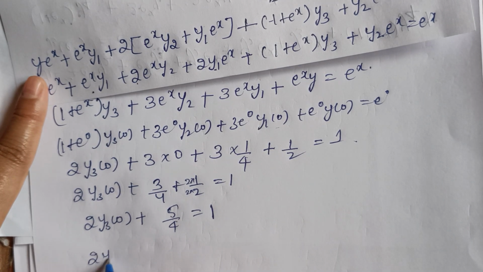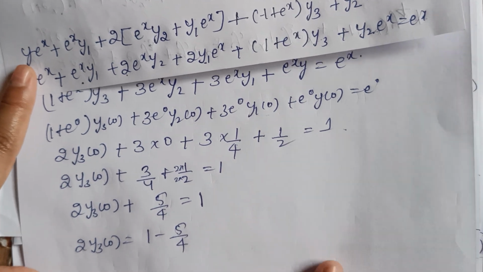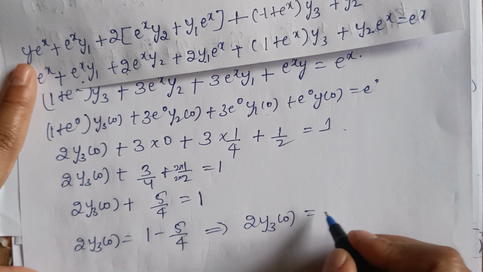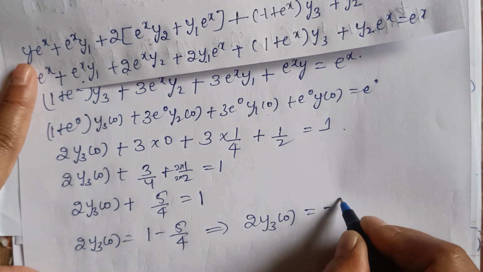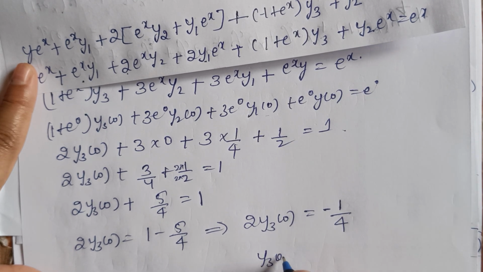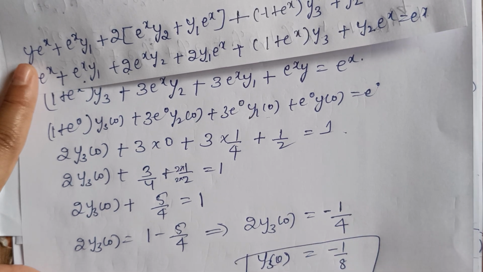Now 2y3 of 0 is equal to 1 minus 5 by 4, which is equal to, this becomes minus 1 by 4. So y3 of 0 is equal to minus 1 by 8.